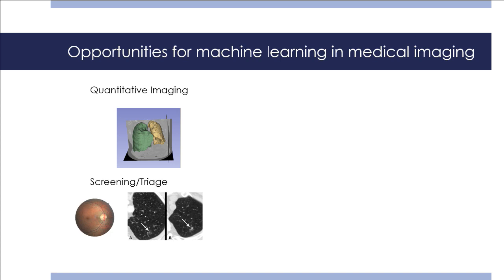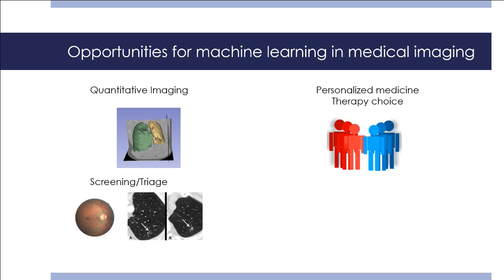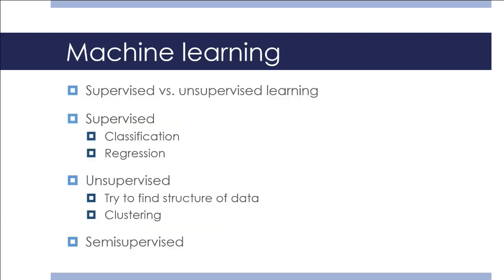Can we get the machine to at least do triage and identify those people who might need to go see the next level? In terms of personalized medicine, choices of therapy, is a patient responding, things like that, machine learning potentially has a lot of room to play there. And then quality improvement. Can we get more standardized outcomes? Can we improve essentially the quality of our task?